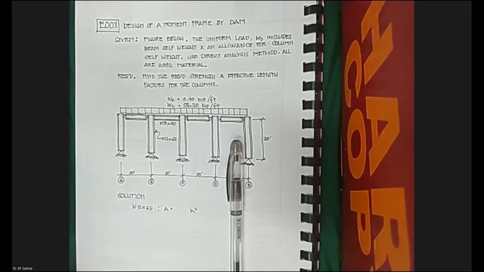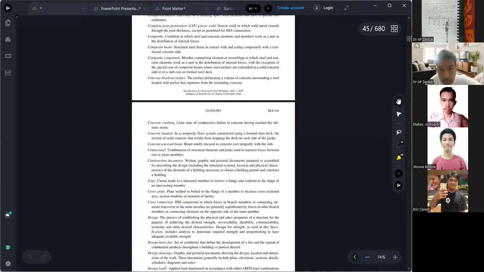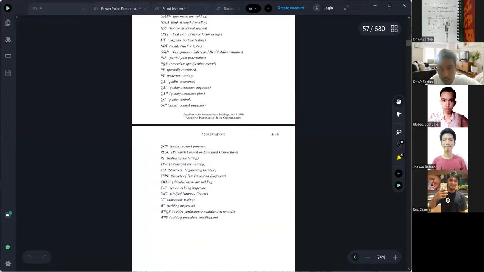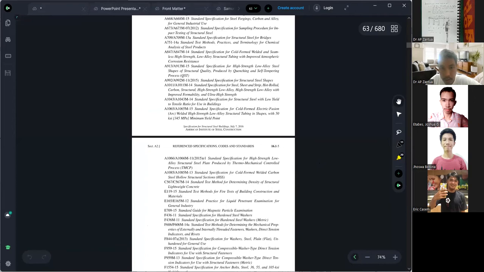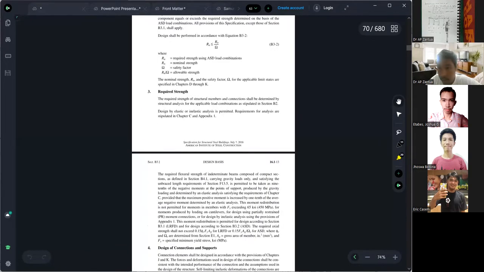I will share so that you can see what I'm doing. I am searching for the table of values here. This is the same thing that we used a while ago.